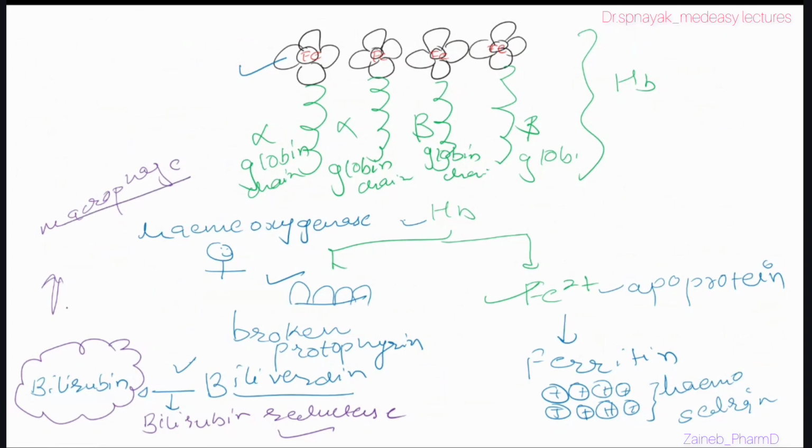Right? Now, once the bilirubin is formed in a macrophage, it will come out, so we'll draw the structure here. This is the spleen. This is the capillaries.